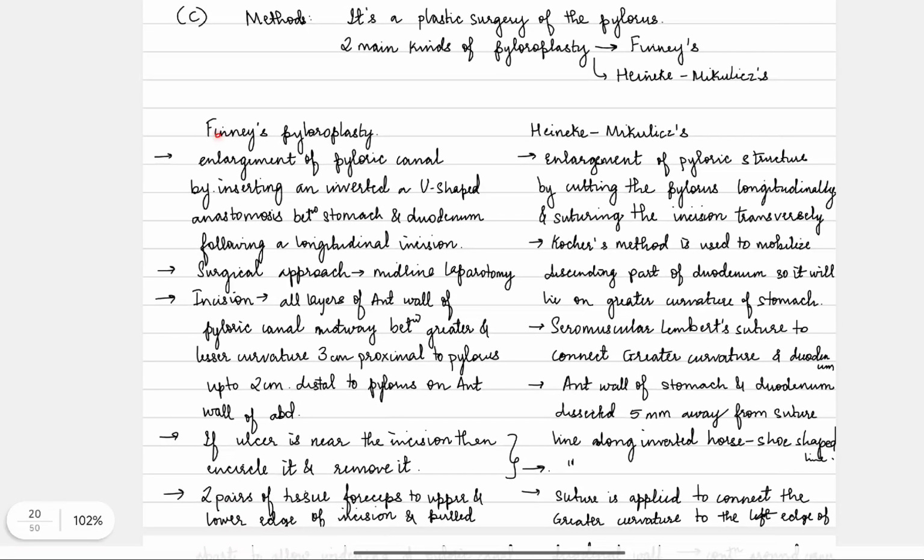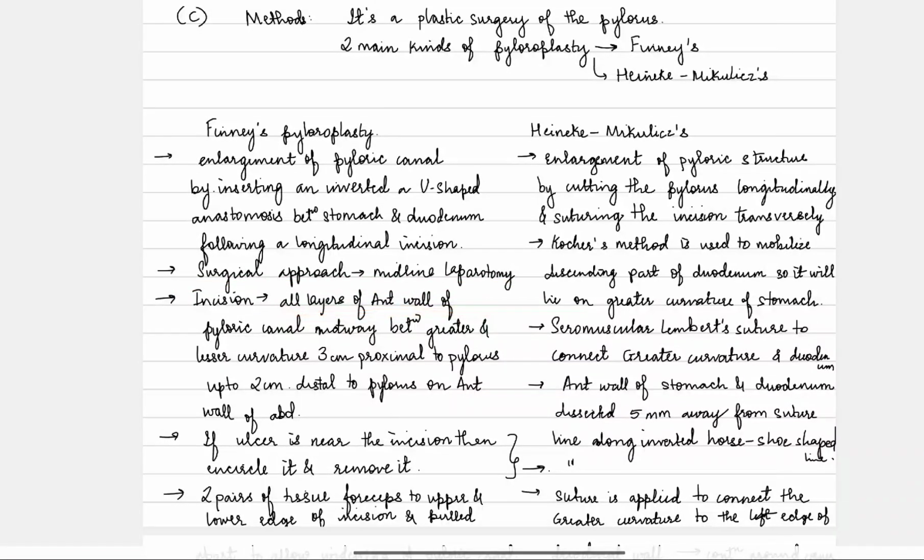First is Finney's pyloroplasty. It is enlargement of the pyloric canal by inserting an inverted U-shaped anastomosis between stomach and duodenum, following a longitudinal incision. Surgical approach is midline laparotomy.